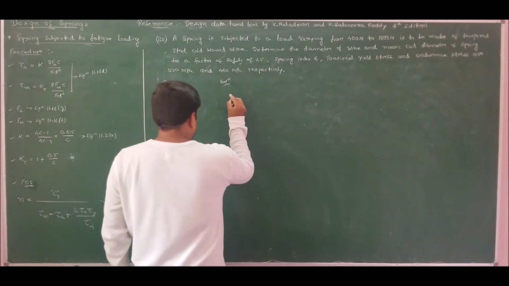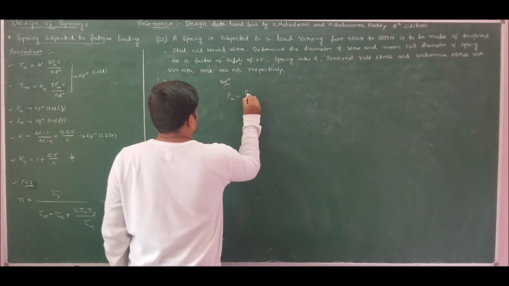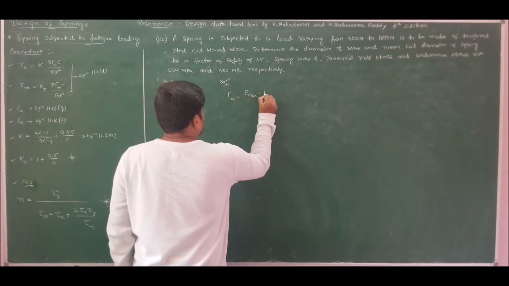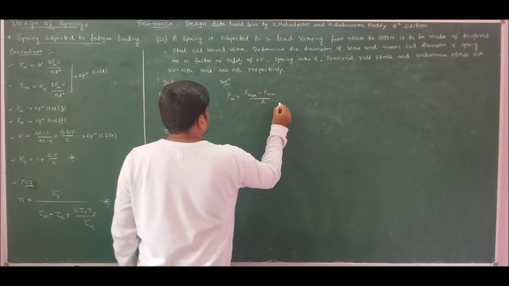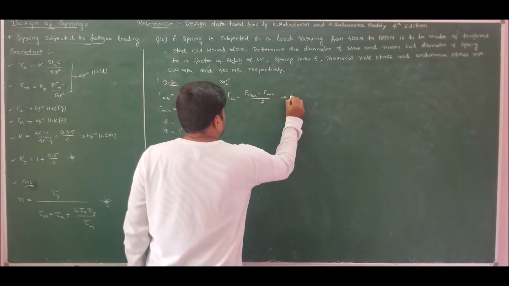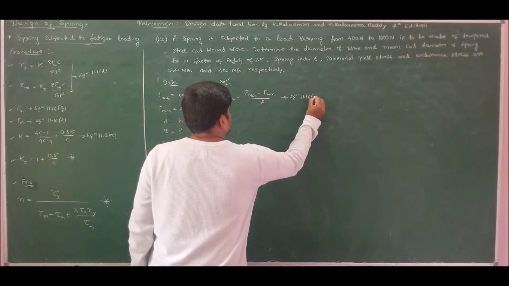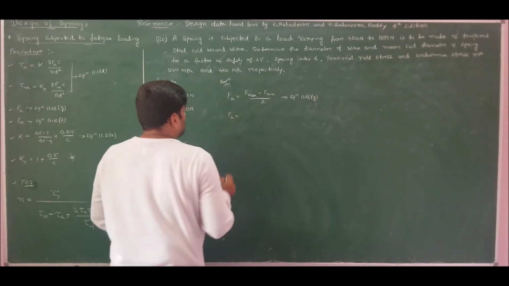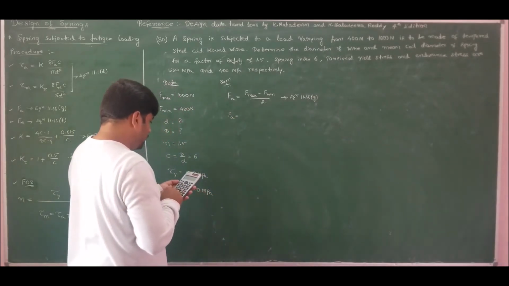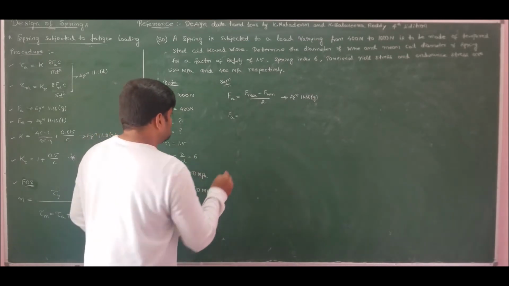Calculating amplitude force F a, which is equal to F max minus F min by 2, present in our design data handbook as equation 11.16 G. Therefore I get amplitude force as 1000 minus 400 divided by 2, which is 300 newtons.